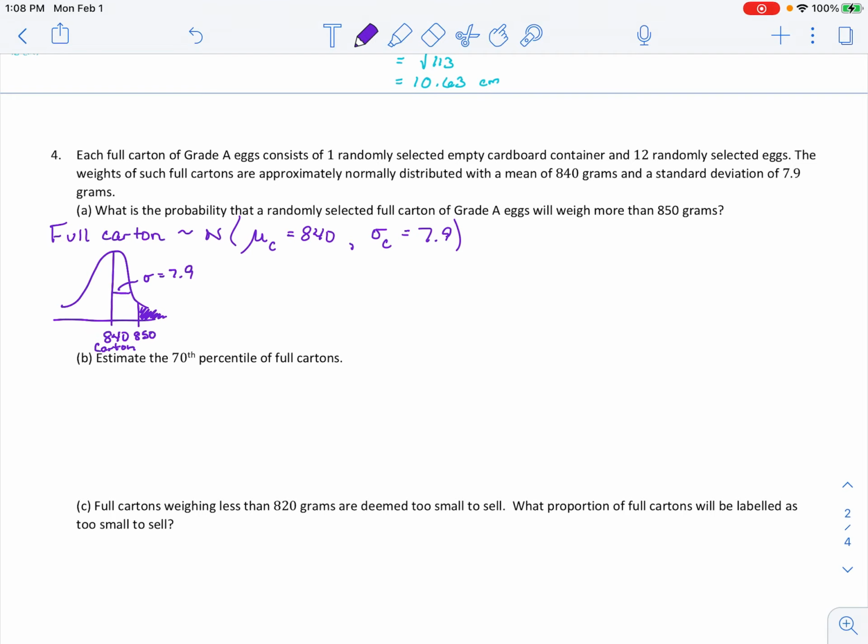So, this probability, how do I want to write this up? I'm just going to use C for my carton being more than 850. I'm going to use my normal CDF to find my area, with the lower being 850. The upper needs to be positive infinity.